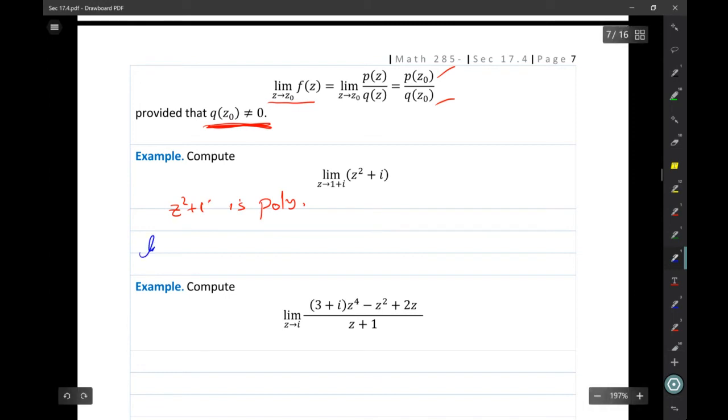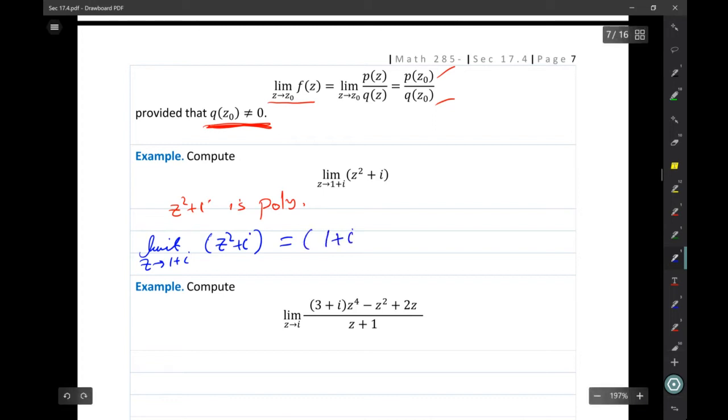Therefore, the limit when z approaches 1 plus i for z squared plus i is just a matter of substituting z by 1 plus i.